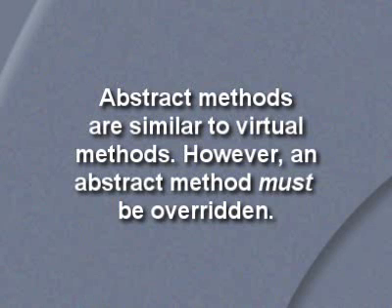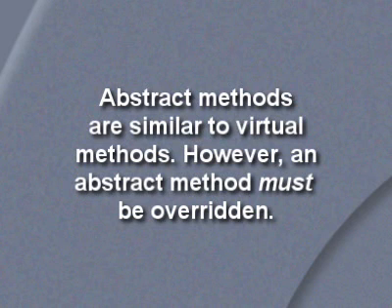Abstract methods are only allowed in abstract classes, but they work similarly to virtual methods. The only difference is if something is labeled as an abstract method, you are required to implement it in the derived class. When you derive an abstract class and you implement the abstract methods, you need to tag those methods with the modifier override. That will tell the compiler that those methods are being overridden from the base class, which is an abstract class.